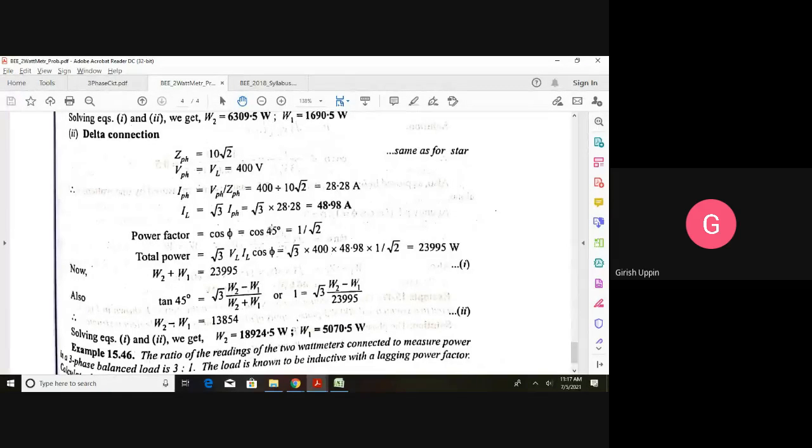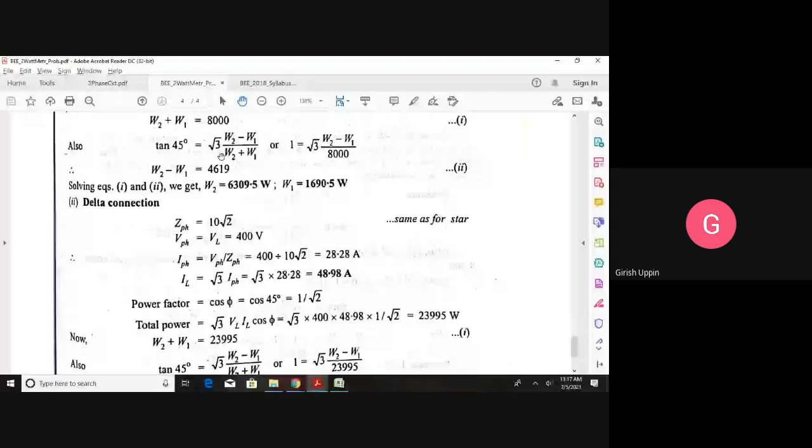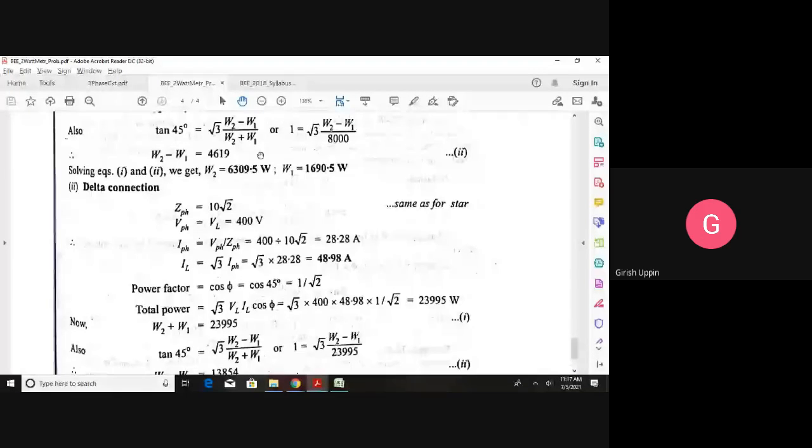Why 45 degrees? Because the impedance is the same. Whatever you calculated in the previous case, phi is equal to tan inverse of X phase divided by R phase. This remains the same. There is no change. That's why the angle is 45 degrees, and this is the power factor.